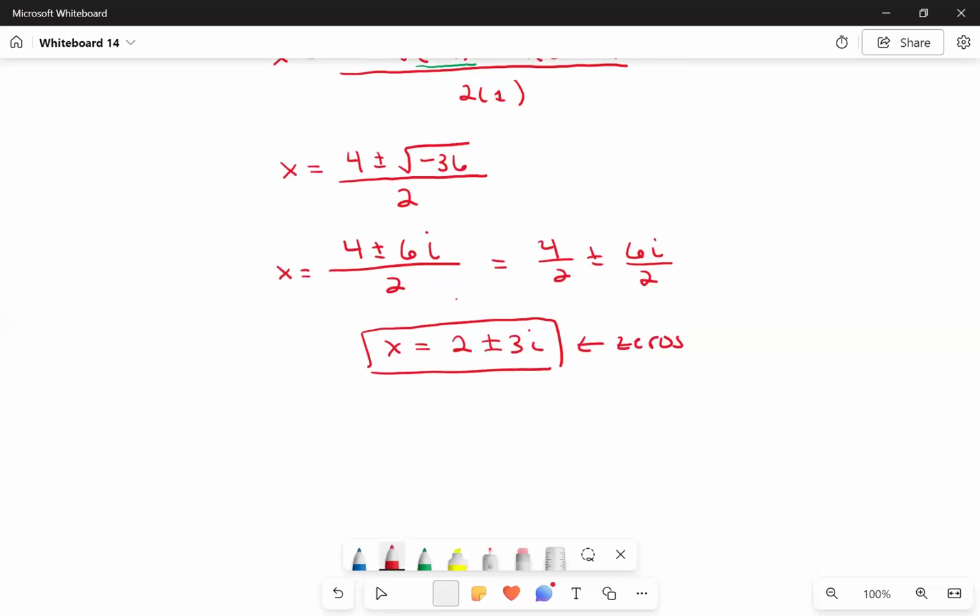And then to write it in factored form, you'll write x minus 2 plus 3i times x plus 2 minus 3i. Oh wait, minus. Double minus. There we go.